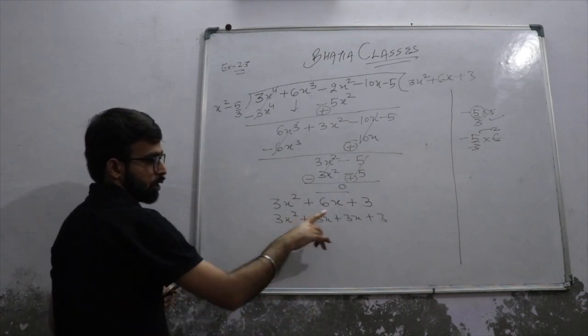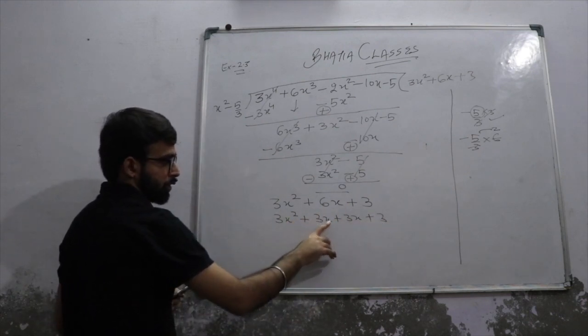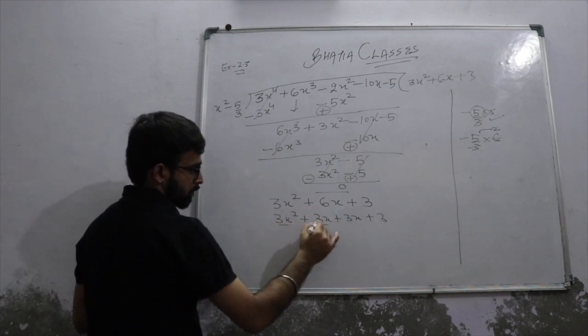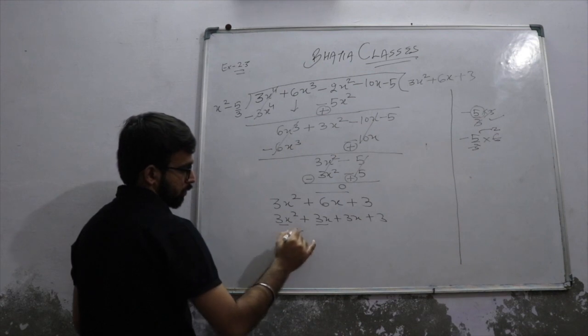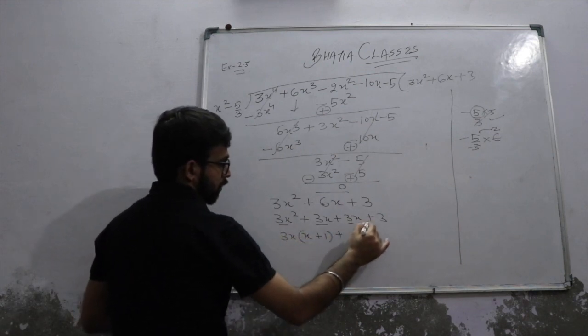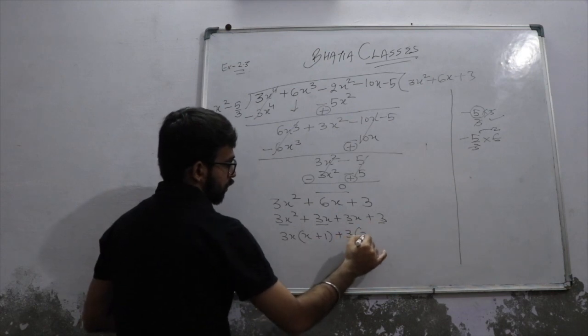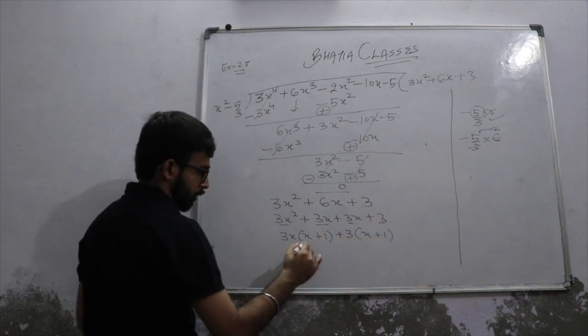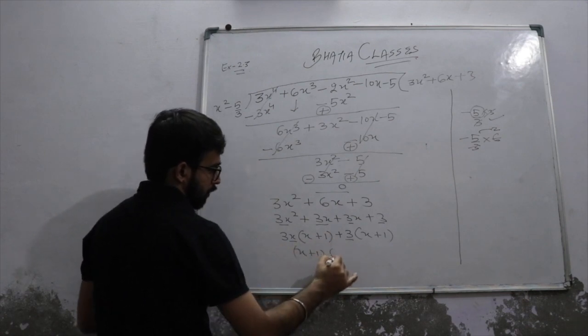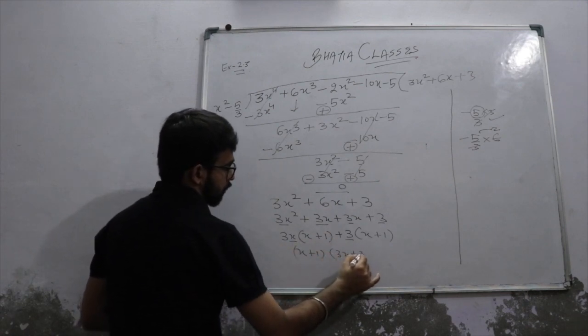Here you can see 3 multiply 3, 9, and 3 plus 3, 6. Take 3x common. You got x plus 1. Again 3 common. You will get x plus 1. x plus 1, and from here 3x plus 3.